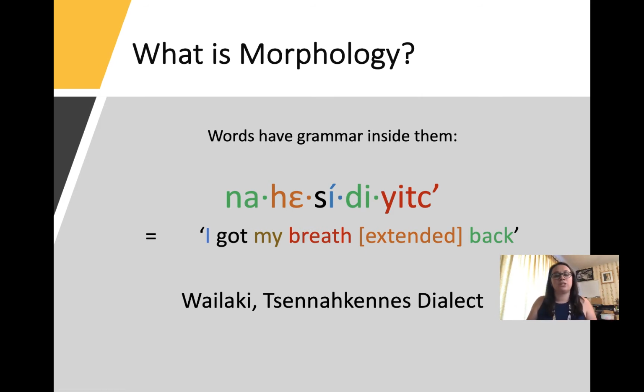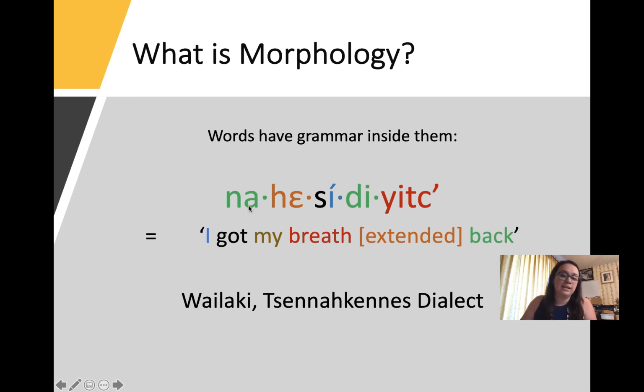English oftentimes doesn't have as many parts to words as, for example, Dene languages, in which an entire word can encode what would be a sentence in English. There's a lot that the word carries in it, whereas in English, each of these parts can stand on their own.